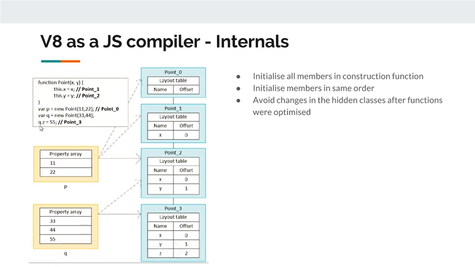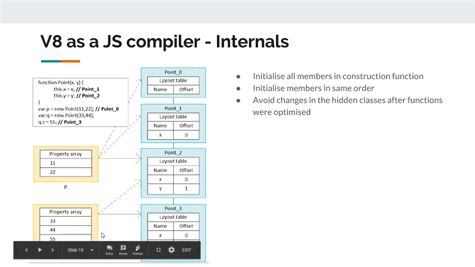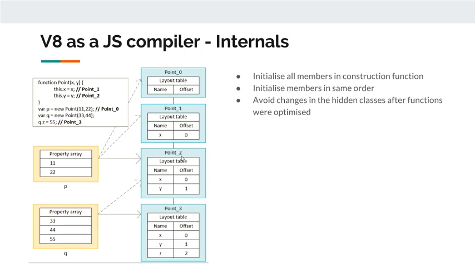We say, okay, q.z = 55. And whenever you do something like this, V8 will automatically detect, hey, this object q is no longer a valid candidate for this hidden class, which has version 2 of Point.